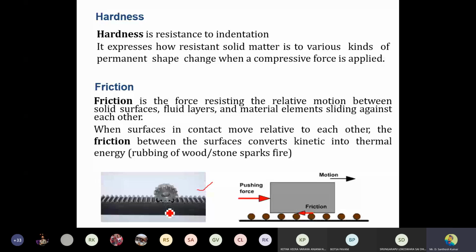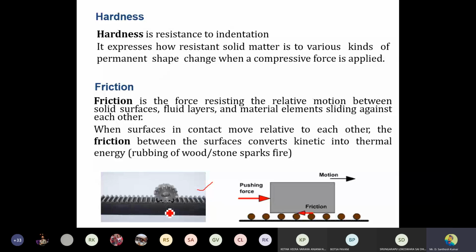If friction is more, then obviously heat generation will be more. If more heat is generated, then material loss will be more. That is the reason why in that situation we are always trying to reduce the friction. So how to reduce the friction? Either you can add some lubrication and all that.